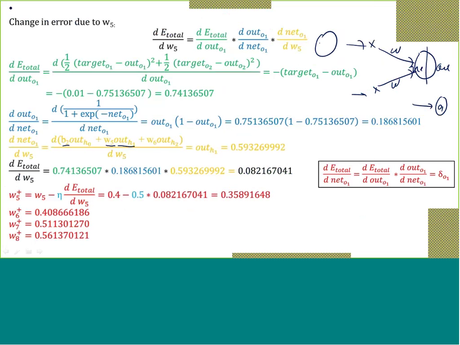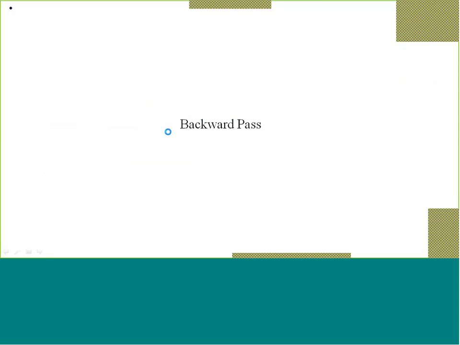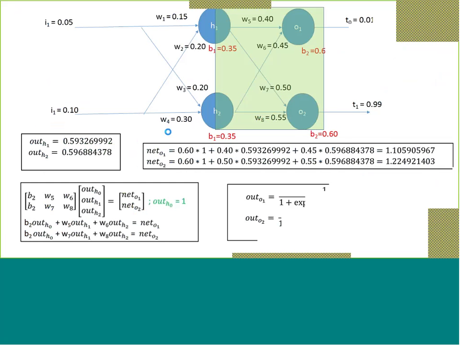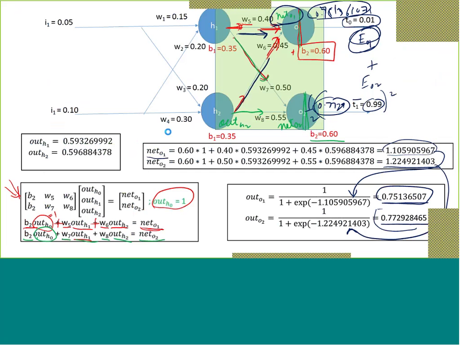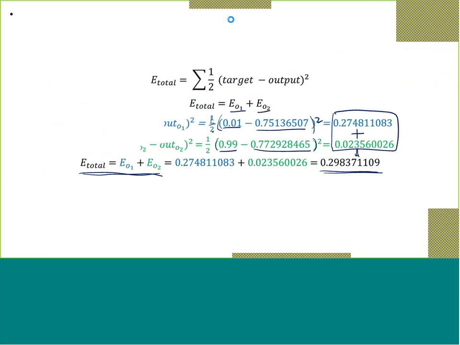The H1 node was there, right? The output I was getting from there, I was multiplying with W5. Then out H2, whatever I am getting here, was multiplied by W6. So this is W5 multiplied by out H1 plus out H2 multiplied by W6, and this is my net O1.